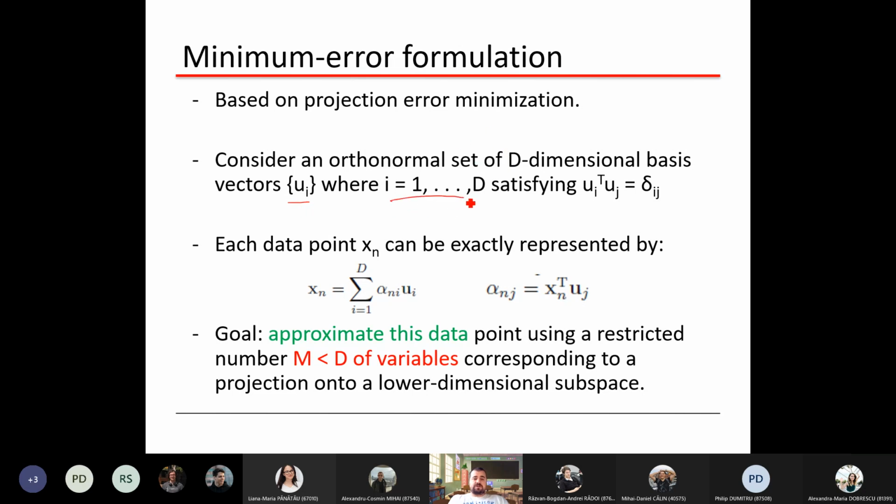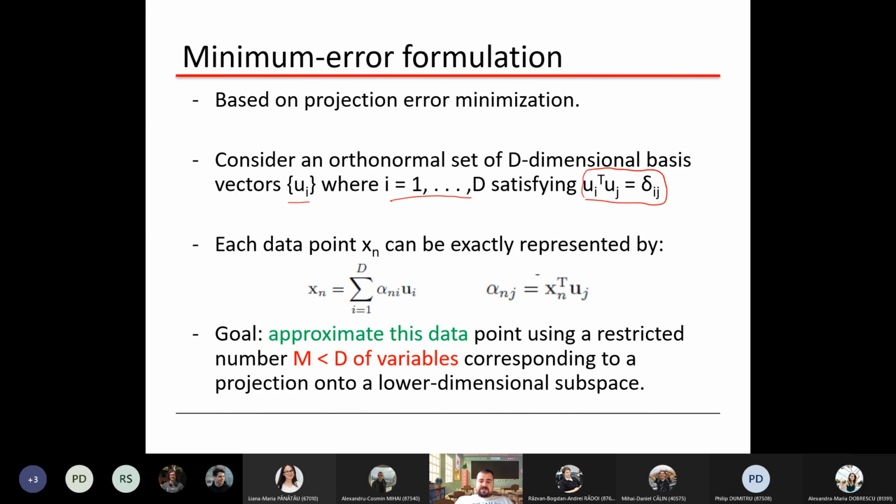We also consider d-dimensional basis vectors. Since they are orthonormal, it means that ui transpose multiplied with uj is delta ij, so it is equal to 1 only if i equals j, and is 0 if i is different than j.